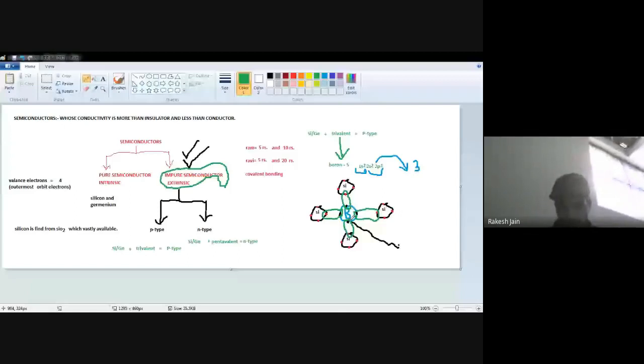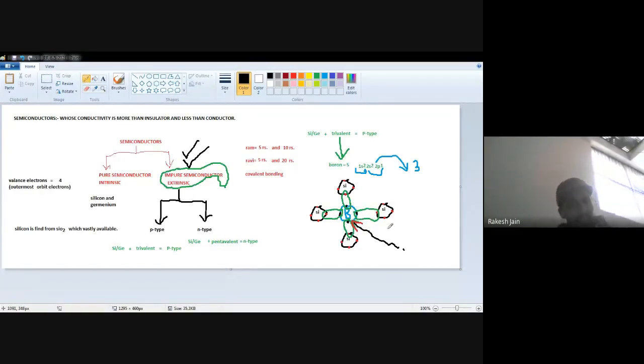So what I want to say is that because boron consists of only 3 electrons, on 3 sides they make the covalent bonding, but here from the other side 1 electron will come, because it needed 1 electron, and then makes a covalent bonding. So let's suppose this electron comes, this electron will go there, and now create a covalent bonding.